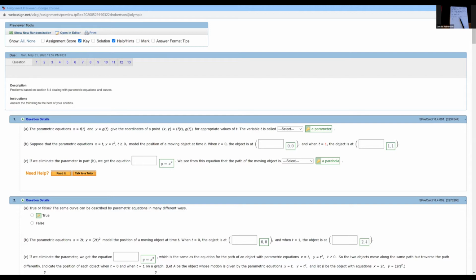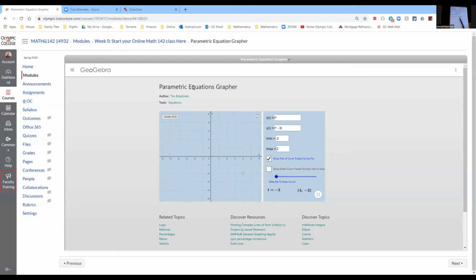You can't see it. Okay, I'll go out and in again then. Out and in. Right, you should see it now. You see it now? It's called the parametric equation graph, right? If you go to your Canvas site, your Canvas shell, it's in the front page. It's called parametric equation graph.